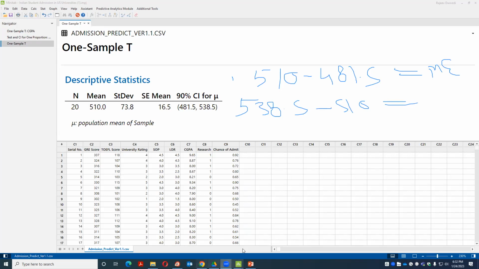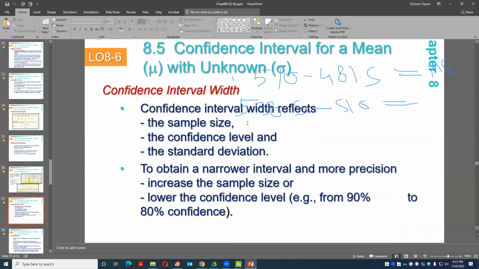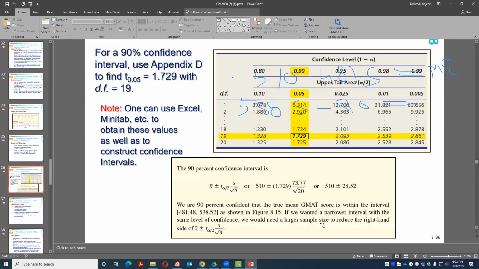If this is clear, let me go further. So you're saying a margin of error is that confidence interval? Margin of error is the z value or t value multiplied with the standard error. So the margin of error is this z or t times sigma upon square root of n.